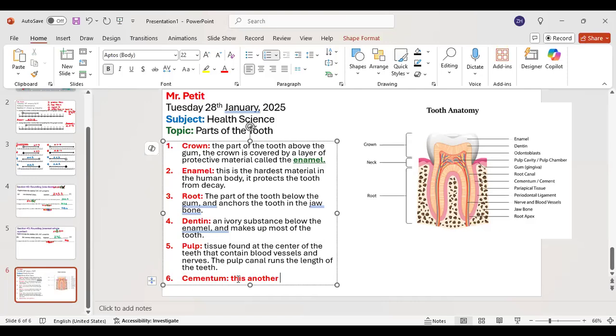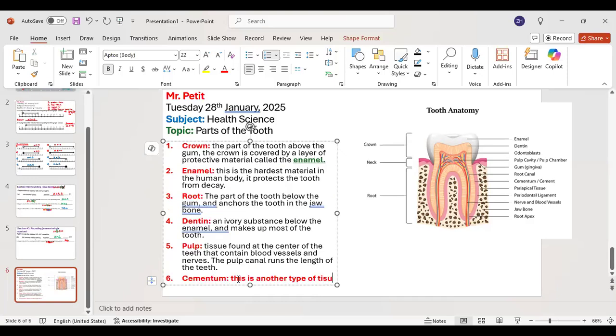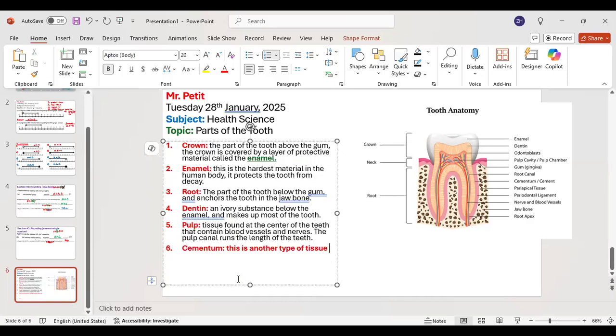So cementum is another type of tissue and makes a thin covering at the root of the tooth.